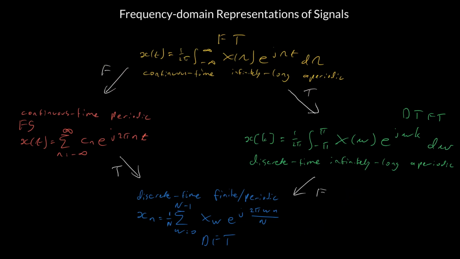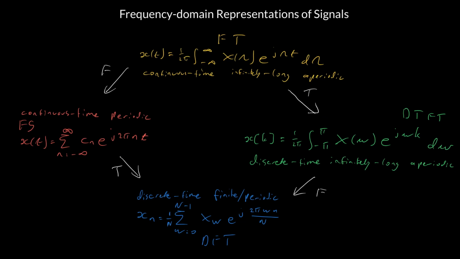Before discussing in detail the other half of this circle, let's observe a basic structure. When we go from the Fourier transform to the discrete-time Fourier transform, we are going from continuous time to discrete time, therefore we are sampling in time. Similarly, when we are going from continuous time to discrete time here, this is also a sampling in time. Diagonally opposites both have a sampling in time structure to them.